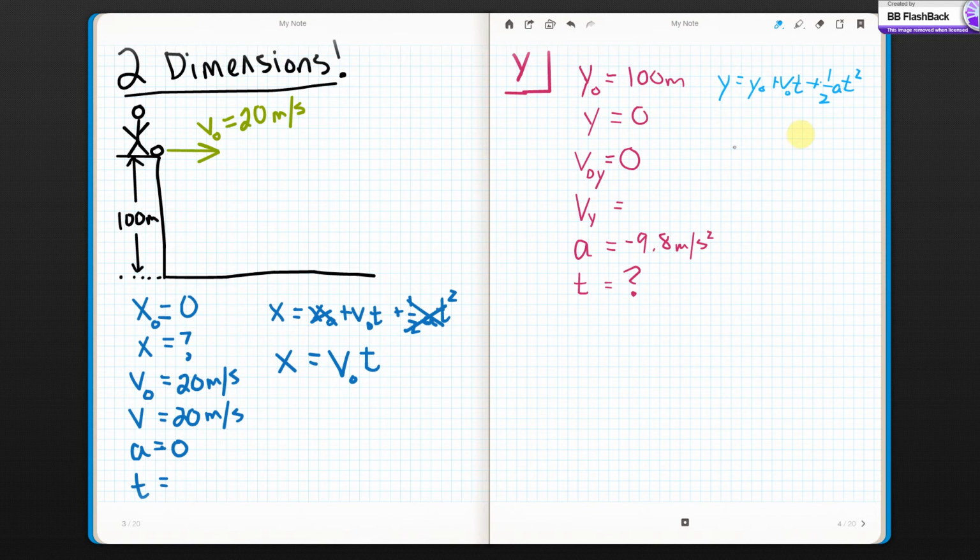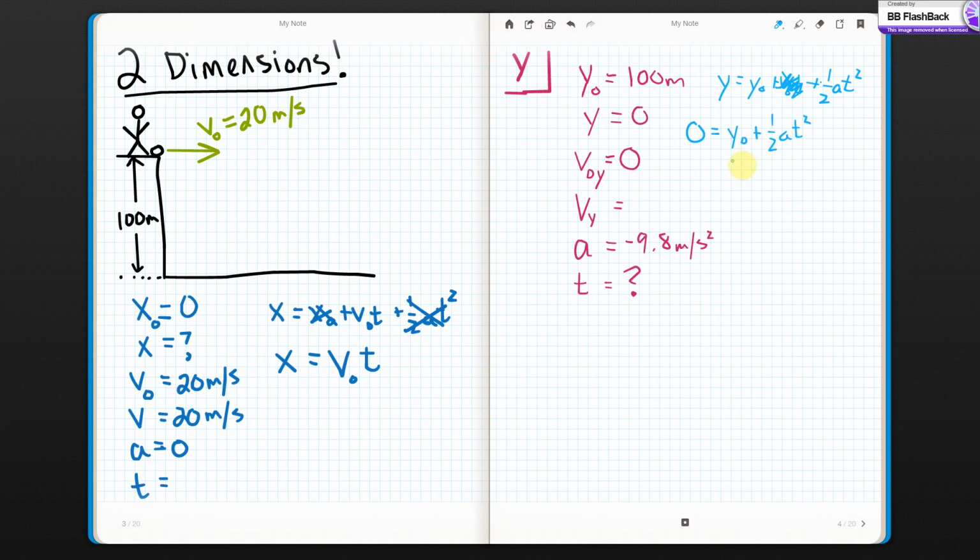Now, I want t. Let's plug in some zeros first to get rid of some stuff. For instance, v naught is 0, so this is gone. This is 0, so I'm going to end up with 0 equals y naught plus 1/2 a t squared.